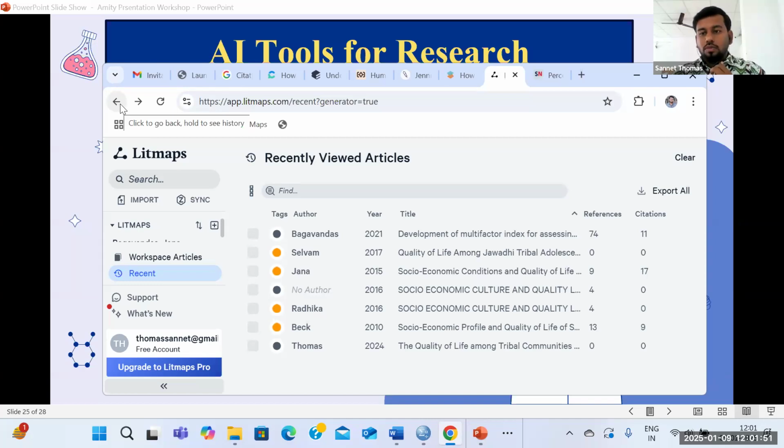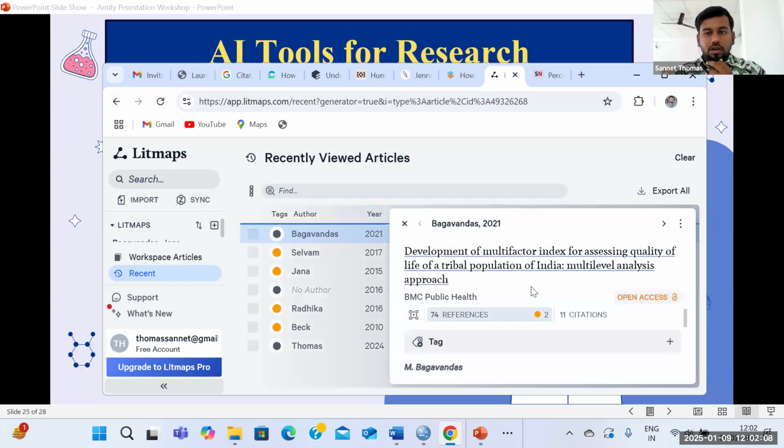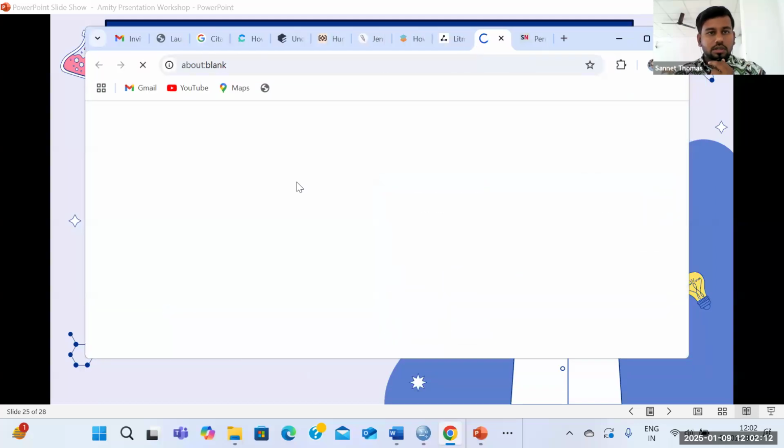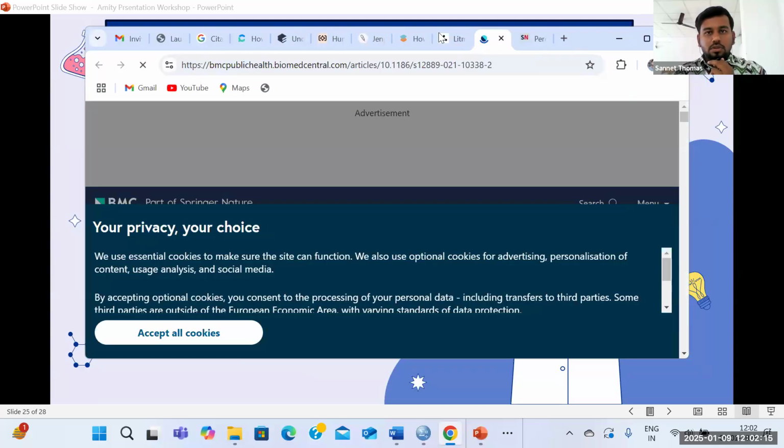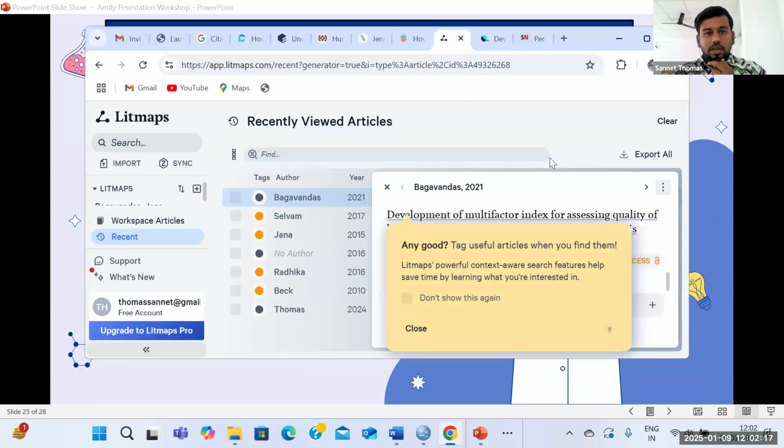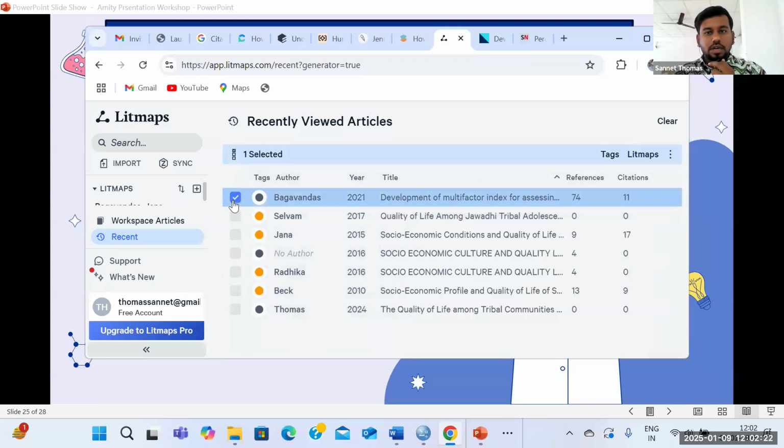And this is also helpful for finding out the year gap, or especially the research gap. Say, for example, here also with the help of a DOI number, you can add the articles in Litmaps. So Litmaps will give an idea of how scientifically rigorous the study is.